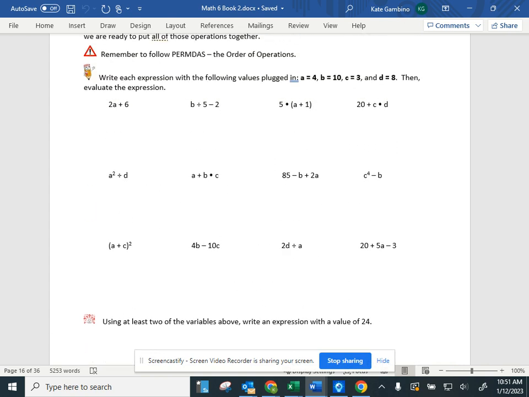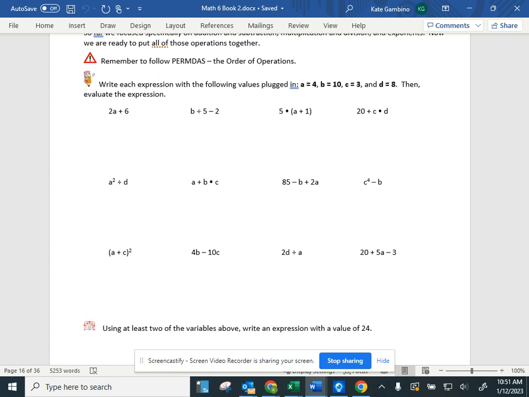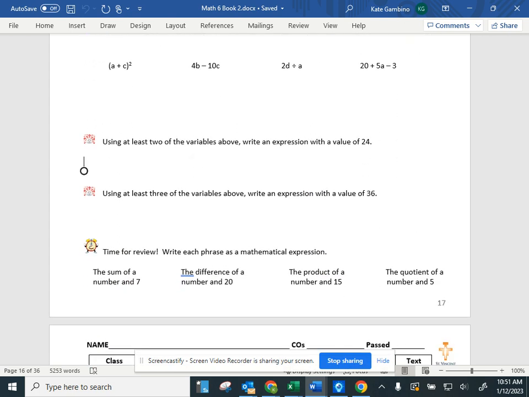What do you think if we have A equals 4, B equals 10, C equals 3, D equals 8? What might that look like for two variables? Can anybody come up with an example? You can do adding, subtracting, multiplying, or dividing. You have to use two variables, A, B, C, and D. What can we do to get to 24?